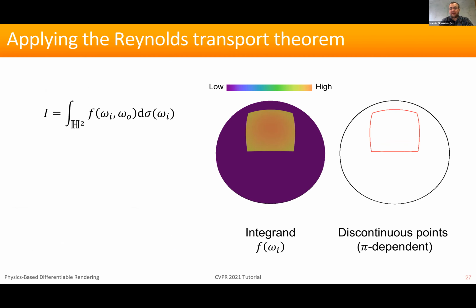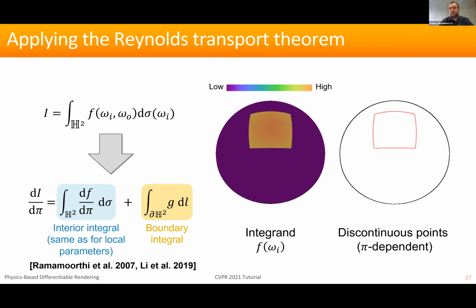It means that if I want to differentiate this integral, I need to apply the full Reynolds transport theorem and end up with two terms. The interior integral, which is exactly the same as the one we discussed for local parameters, simply moves the derivative below the integration sign, and a boundary integral that involves computing an additional integral over exactly the places in my hemisphere where these discontinuities show up.